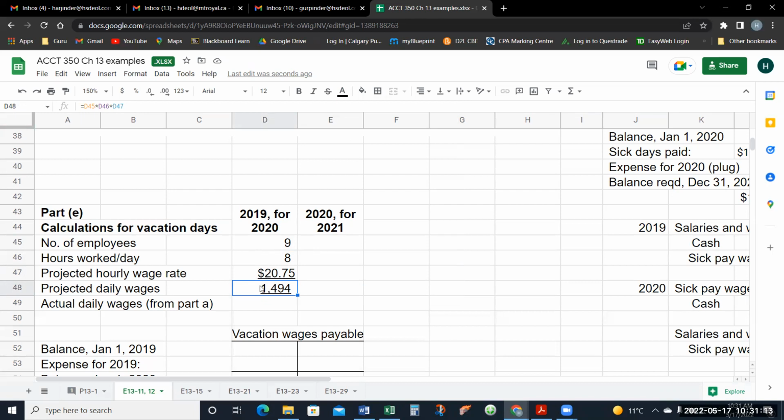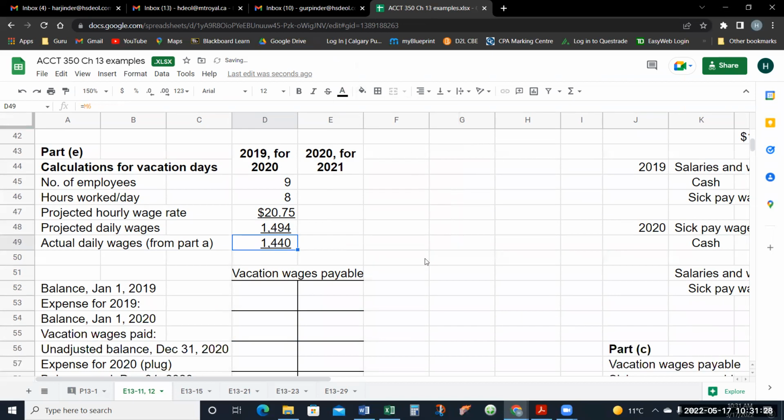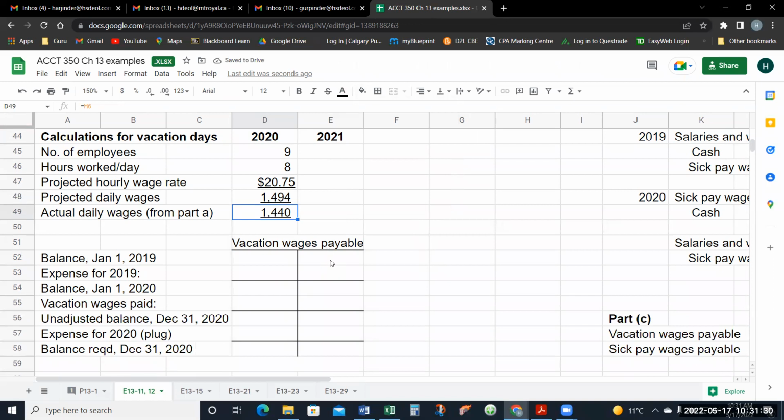Record the expense for the vacation wages is $1,494. The actual daily wages for the year 2019, keep in mind from part A, were only 1,440.